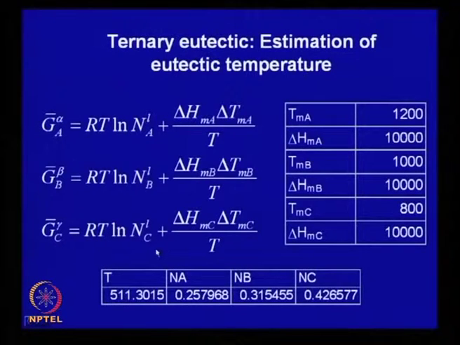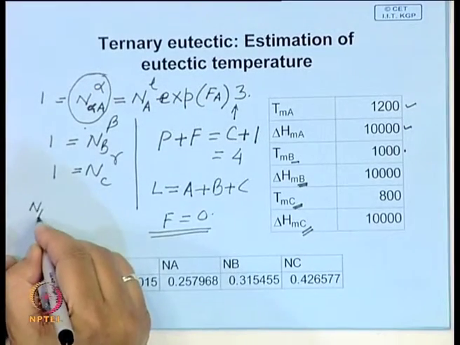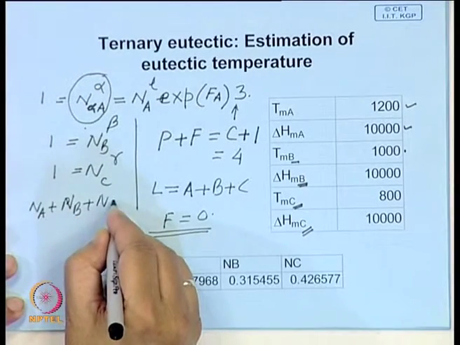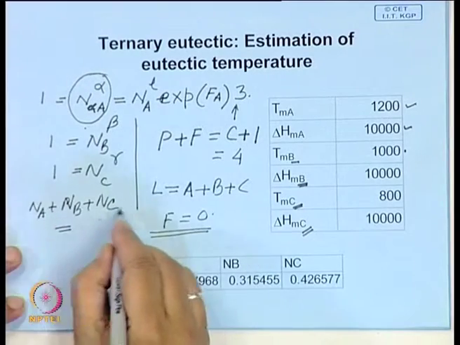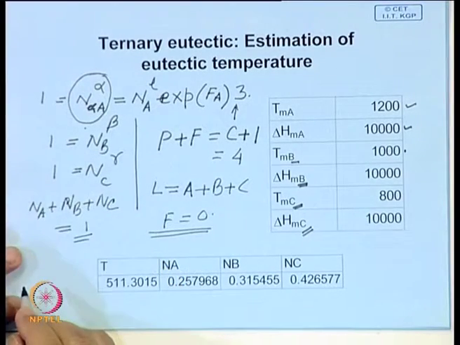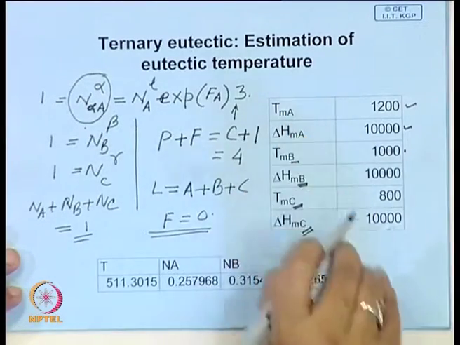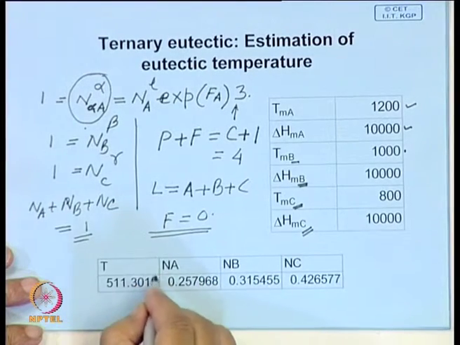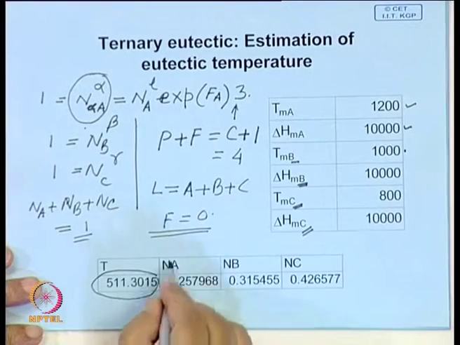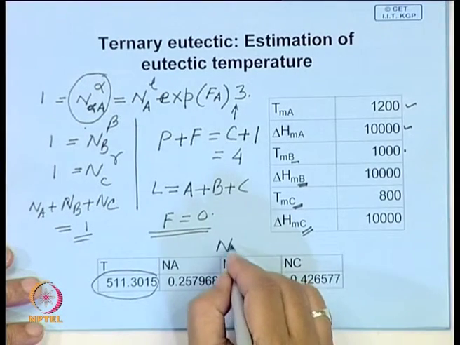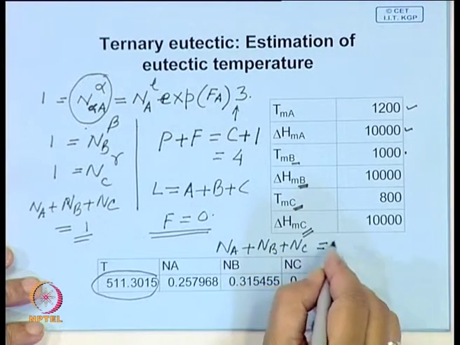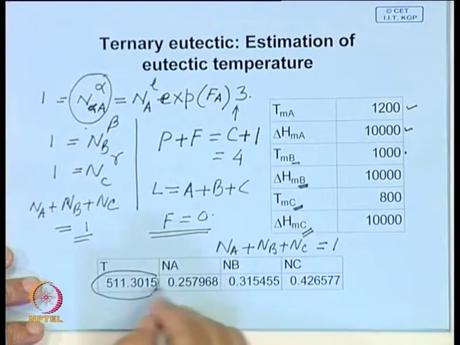In that case, N A plus N B plus N C, which represent the atom fractions of A, B, C in the liquid, should be 1. So, what you need to do is a simple iteration process. The only unknown is this temperature. You change this temperature to satisfy N A plus N B plus N C equal to 1. If you do this, you will get the exact temperature.